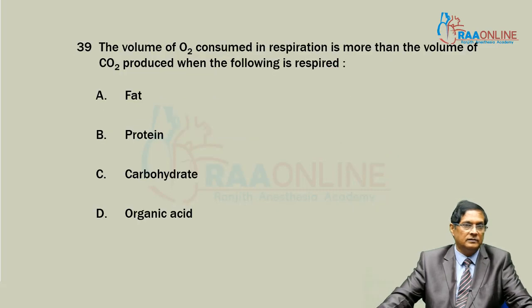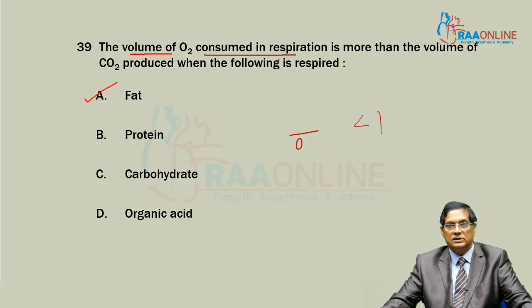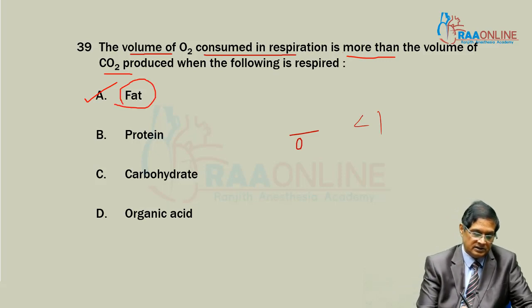39th question. The volume of oxygen consumed is more than the CO2 produced. This is applicable for fats, where RQ is less than 1, approximately 0.7, because fats are oxygen poorer.